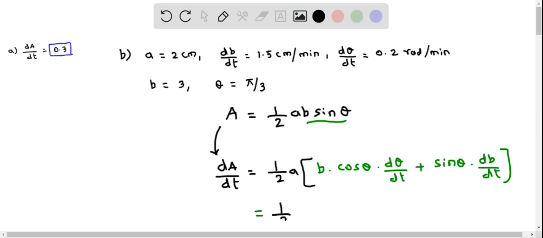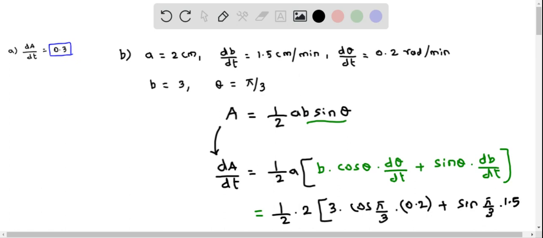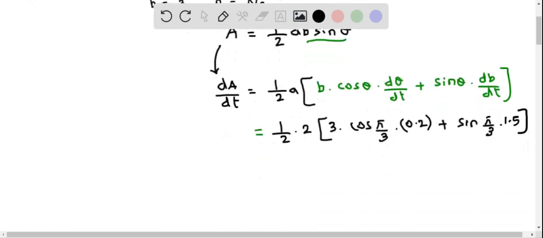Now let's plug in the values which are given. I plug in a equals 2, and this is multiplied with b is 3 times cosine, replace theta by pi by 3, so it becomes cosine pi by 3, d theta by dt is 0.2, plus sine pi by 3 times db by dt, which is given as 1.5. Let's evaluate this. You can cancel this 2 and this 2.